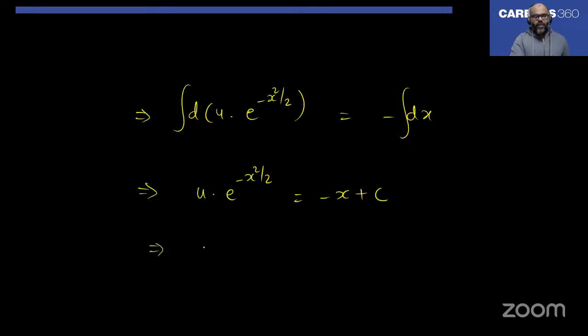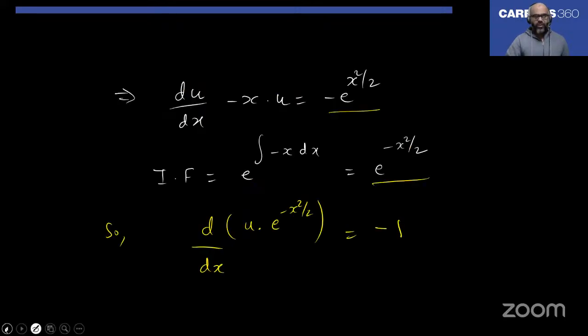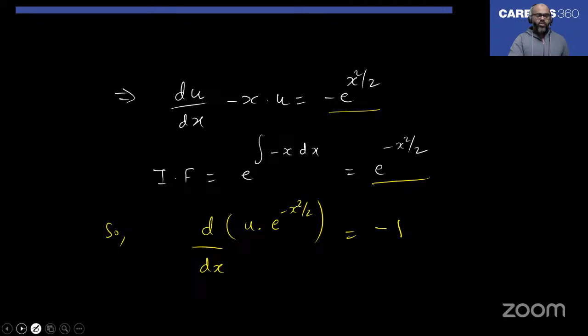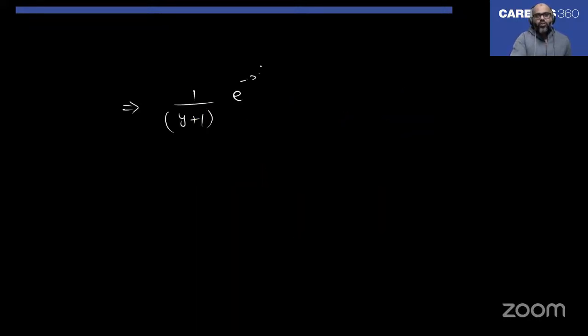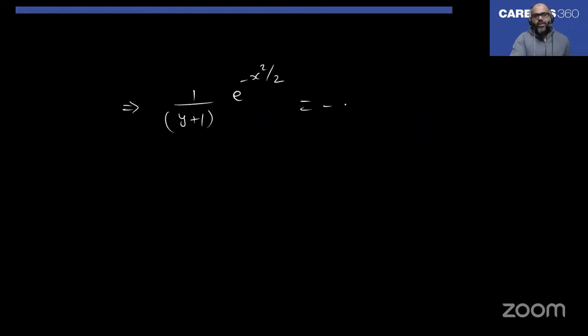So this is 1 by t e to the power minus x square by 2 is equal to minus x plus c. Then t is also not the original function. We have taken y plus 1 as t. So this implies 1 by y plus 1 into e to the power minus x square by 2 is equal to minus x plus c.